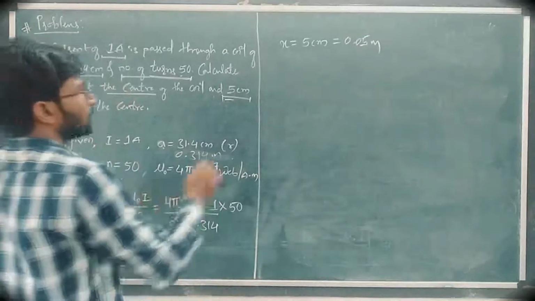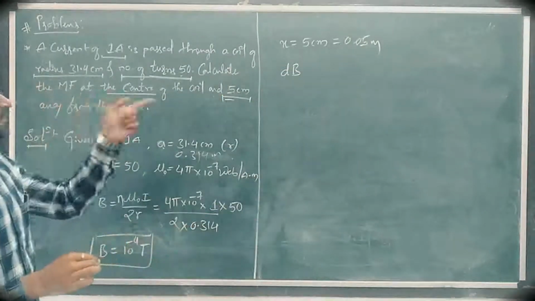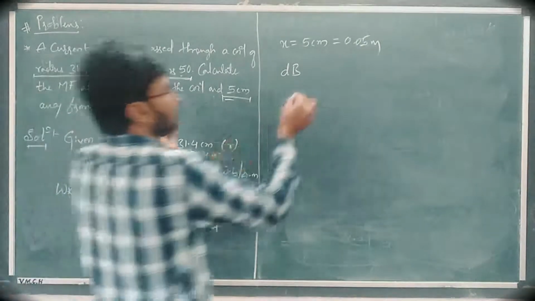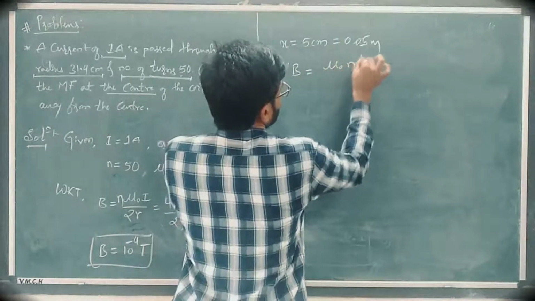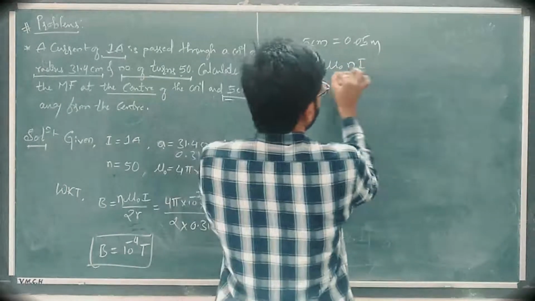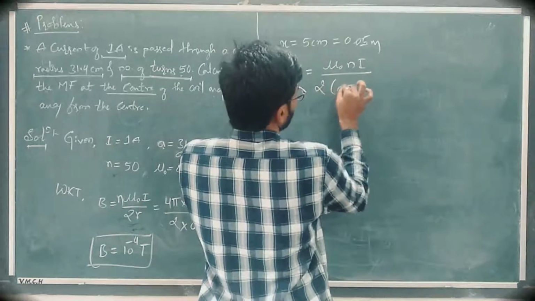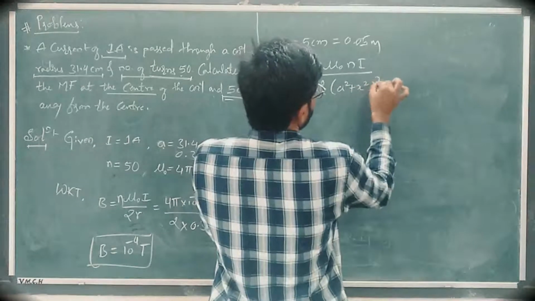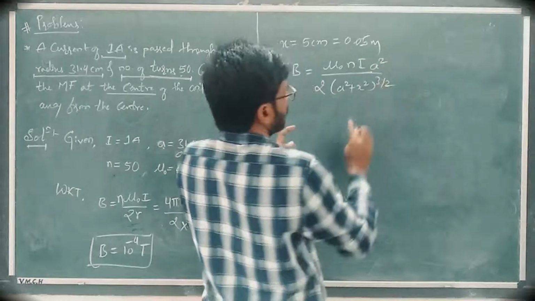If the magnetic field is away from the center, the formula is B is equal to mu naught N I a square, whole divided by 2 into a square plus x square to the power 3 by 2.